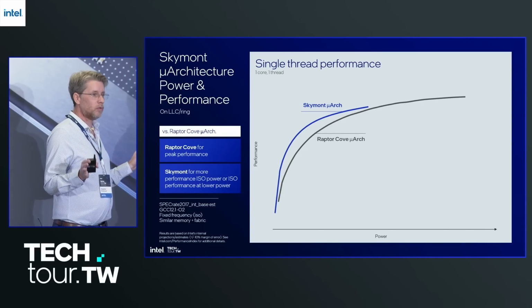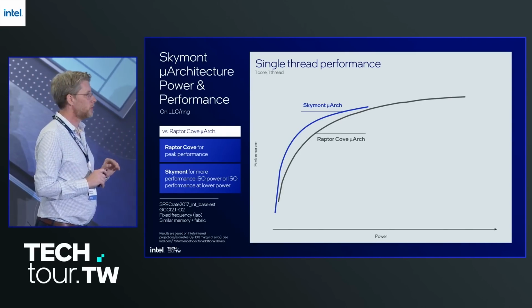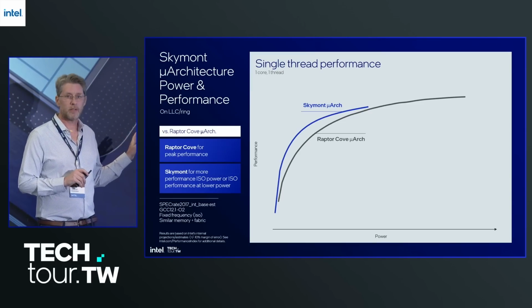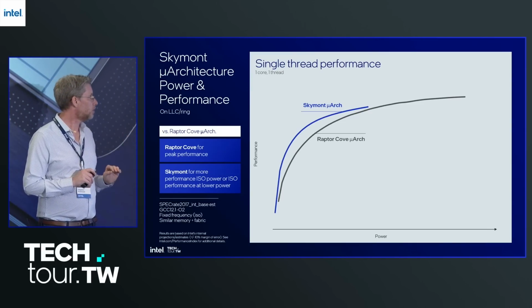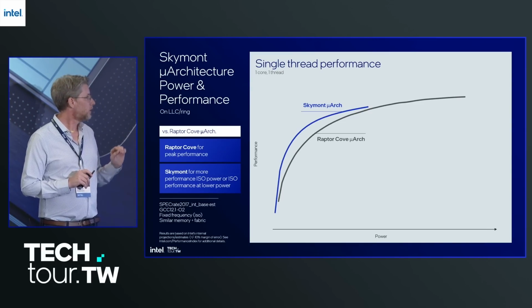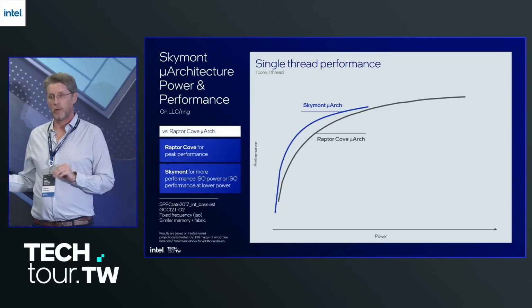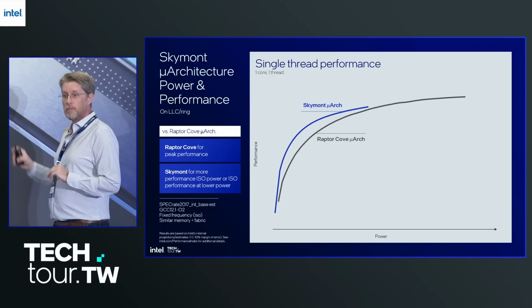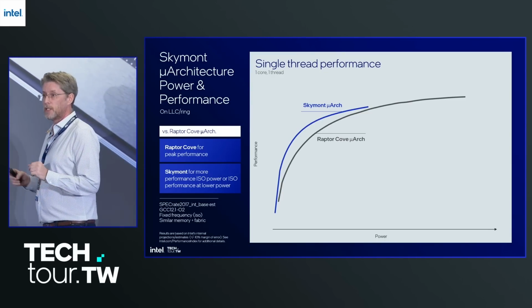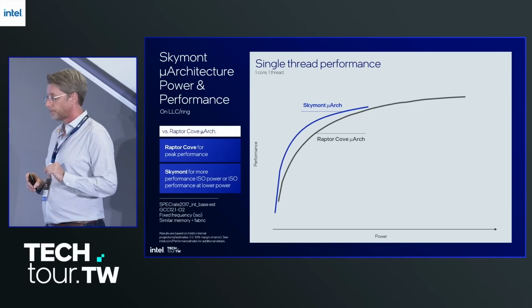This is the full peak power and perf curve between the two. This is Skymont in the Lunar Lake process. That's Raptor Cove in Raptor Cove process. You can see the peak performance is higher. Again, you can scale to 6+ gigahertz.